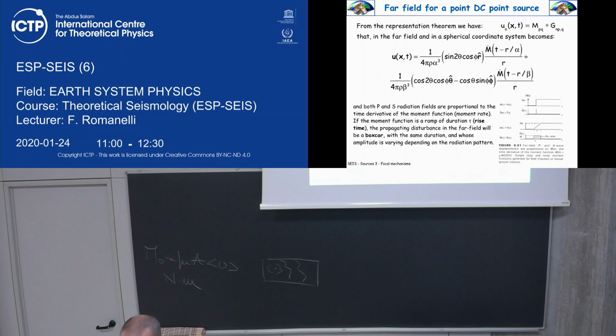The Earth is not. It's bounded with a free surface. Maybe it's layered. So we have surface waves there. Can you imagine that the Green's function for such a medium is not made just by P and S? It's made with all the waves that can propagate in that medium.